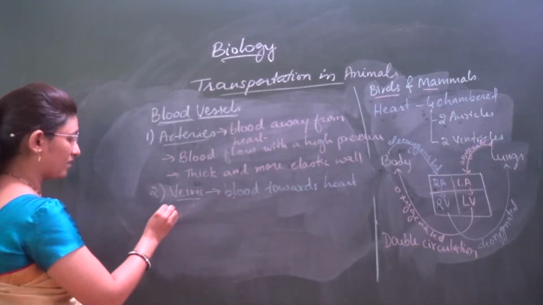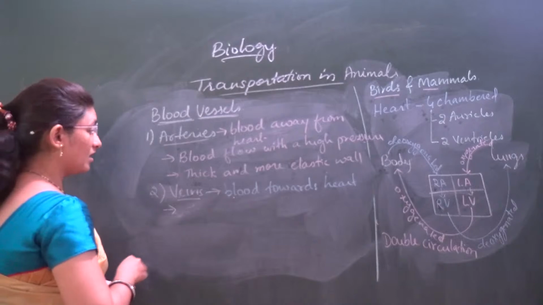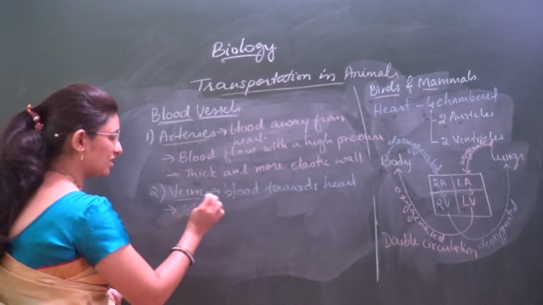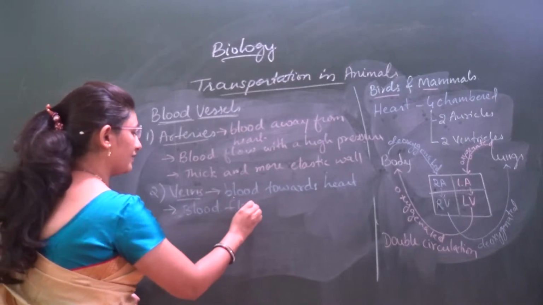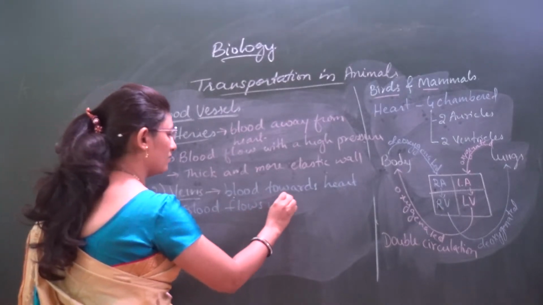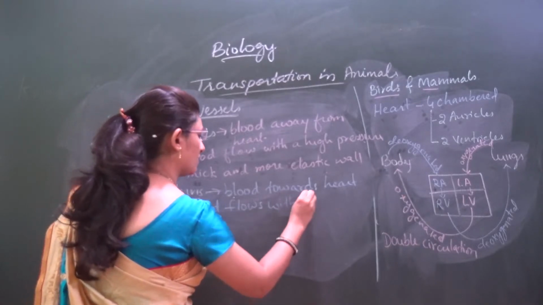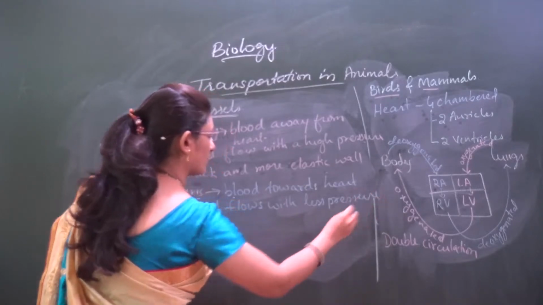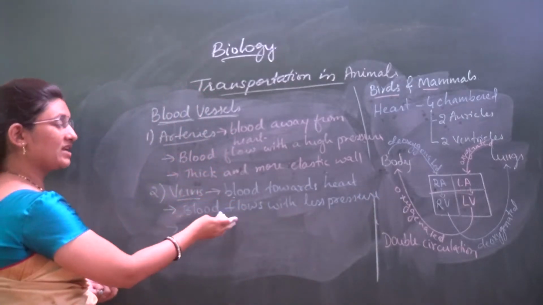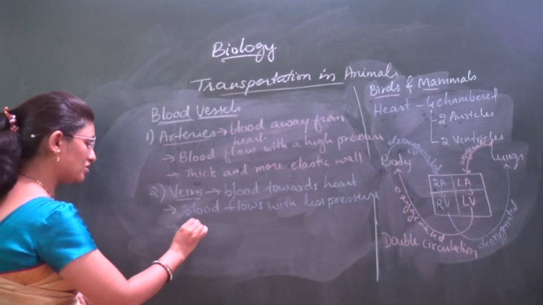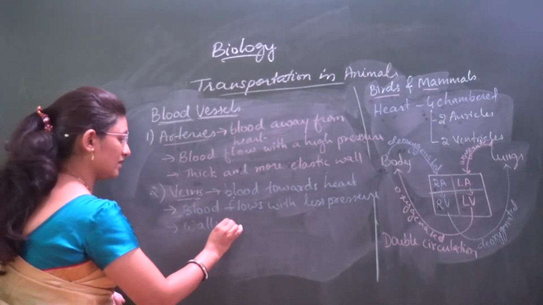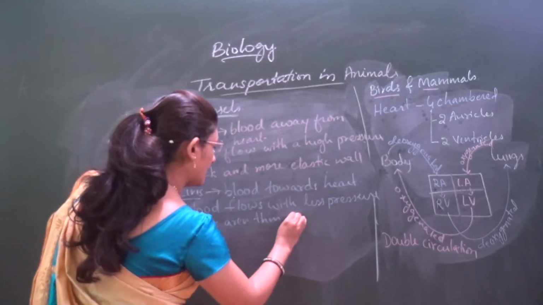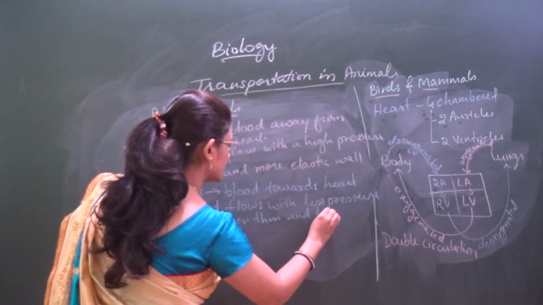Next, the blood flows with a low pressure in the veins. When pressure is low, the walls should be thin and less elastic.